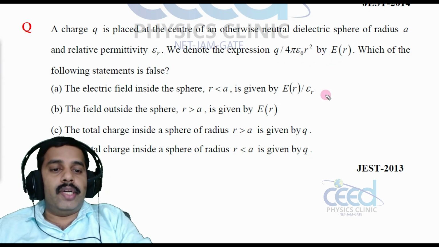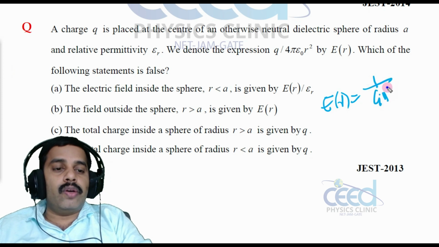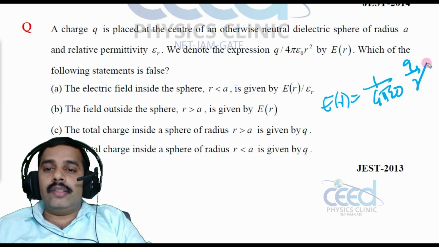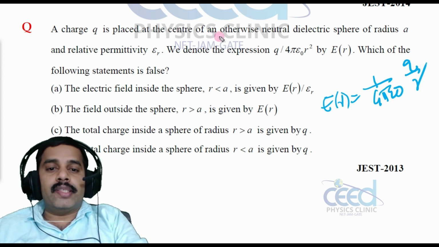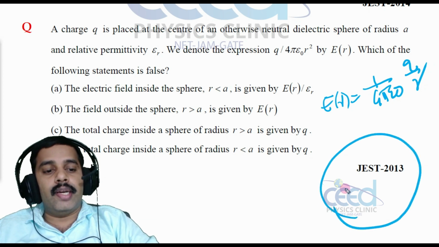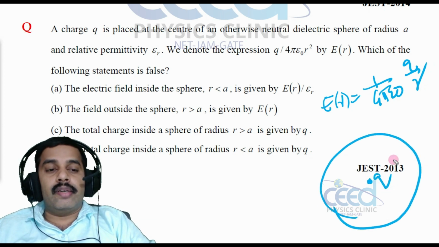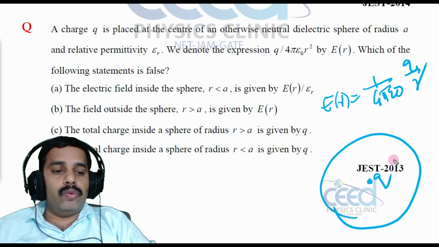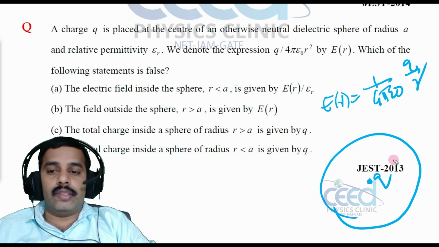So the electric field expression is given, and a charge Q is placed at the center of a dielectric sphere. Which of the following statements is true?